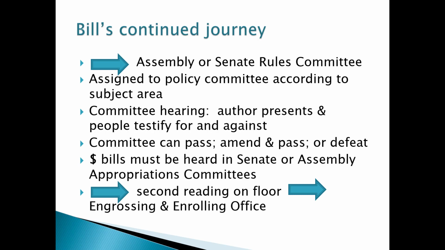Then the bill will go to the Assembly or the Senate Rules Committee, depending on whether it started in the State Assembly or the State Senate. Then it's assigned to a policy committee according to the subject area, very similar to what we see at the federal level. So depending on the type of bill it is, it's going to go to a particular committee.